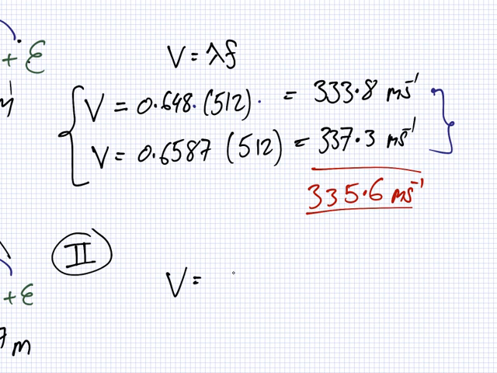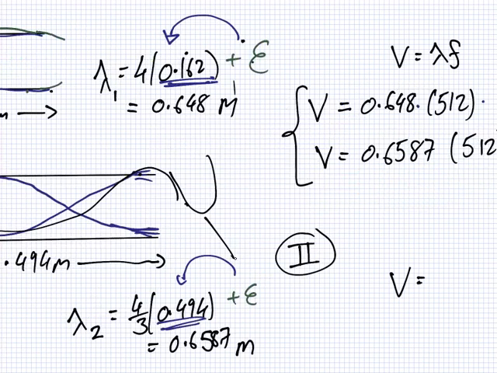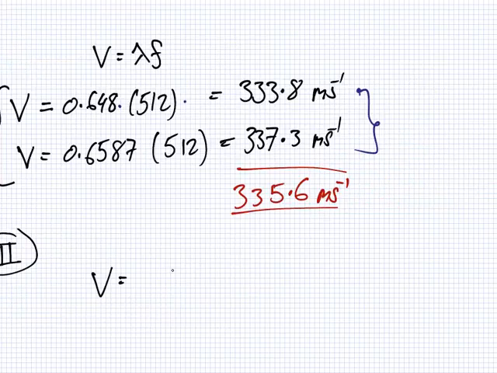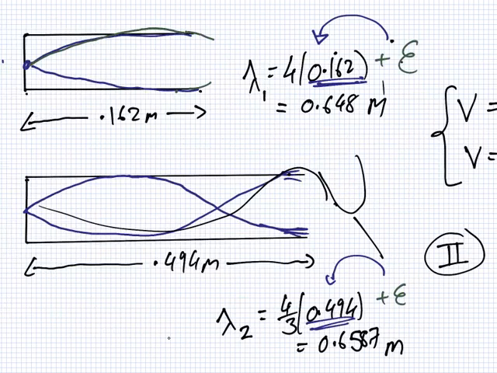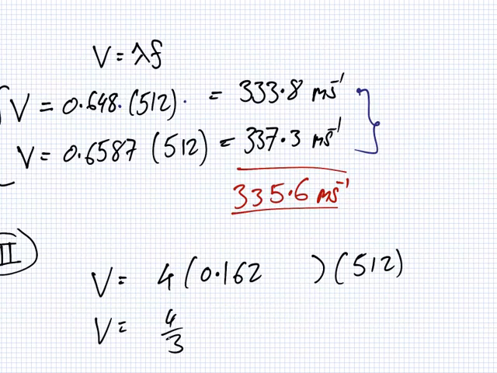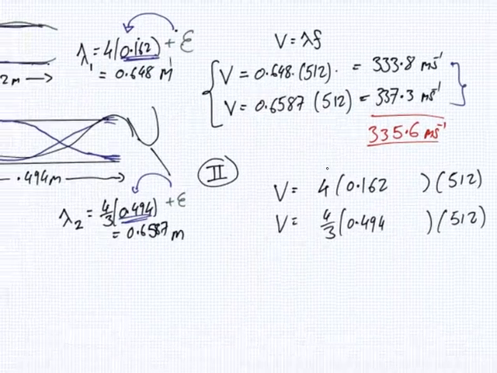The 0.648 was 4 times 0.162, so 4 times 0.162 times 512, and then V equals, and the other one was 4 over 3 times 0.494 times 512.